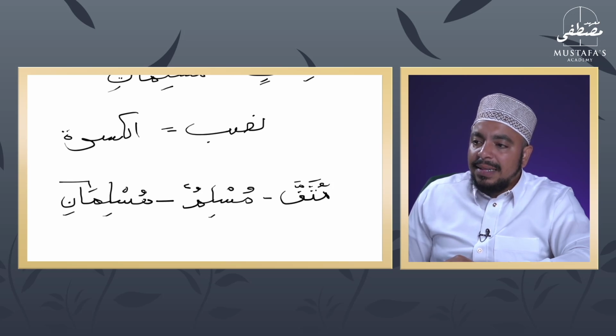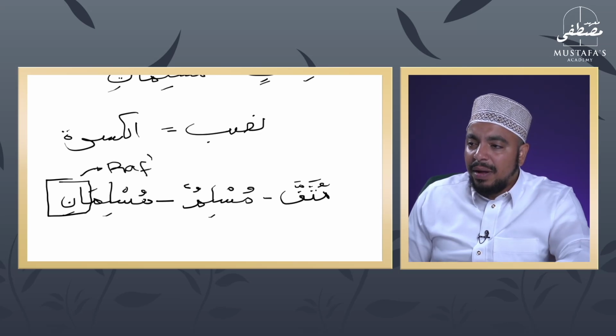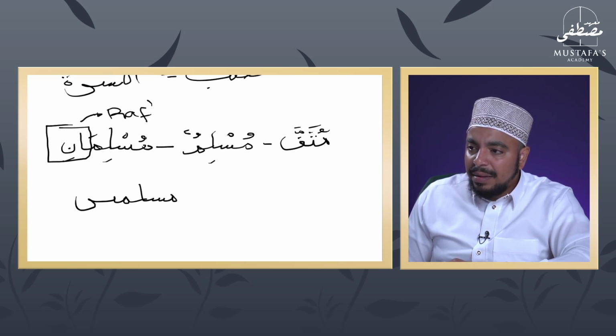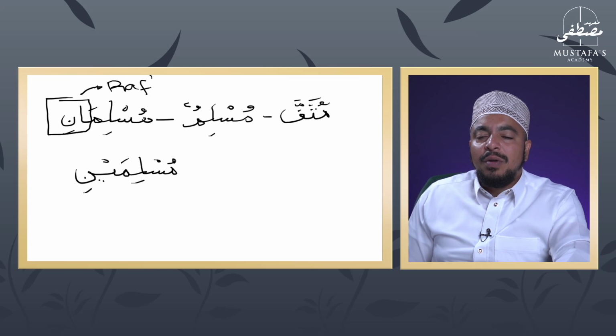Now when you see it in this state, Muslimani, this is in a state of rafa. Bear that in mind, in a state of rafa. Like when you see Muslimaini, this could be either one of the two.